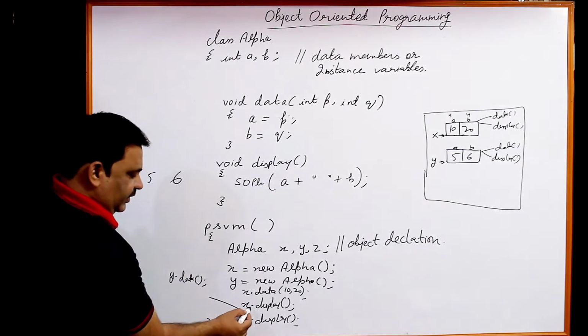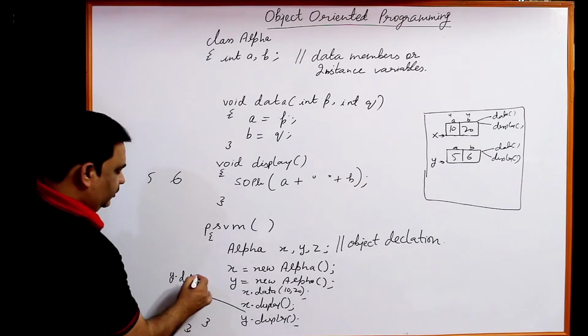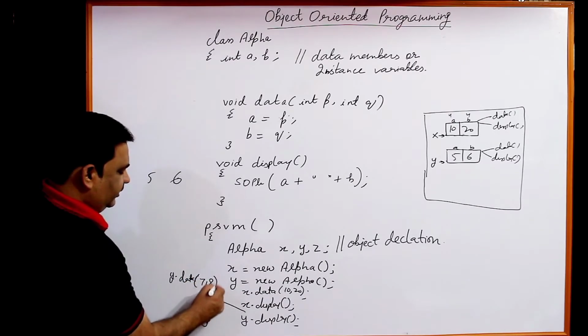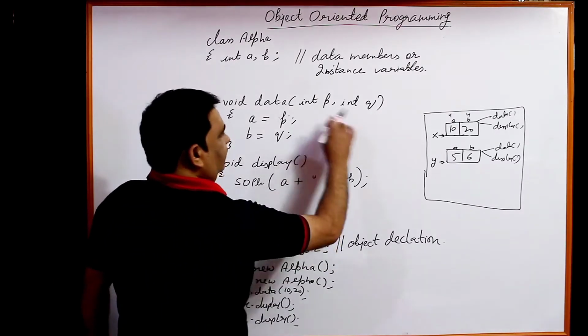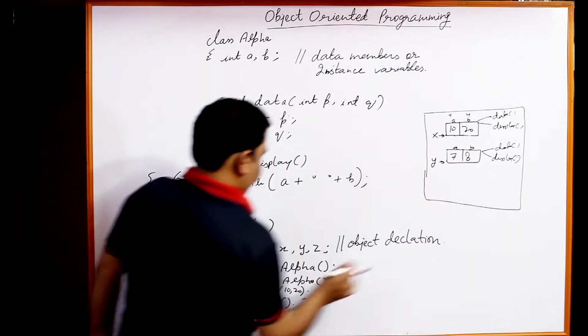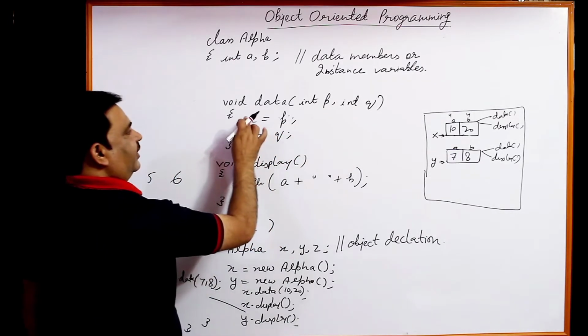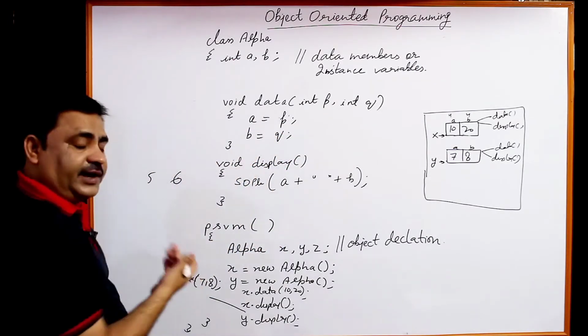Same way, when we call y dot data with different values, suppose here 7, 8, then y object will be initialized with 7 and 8, because this 7 and 8 will be passed to p and q, and finally a and b will be initialized for y object.